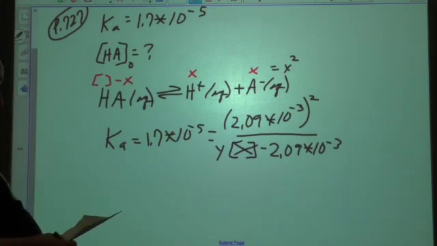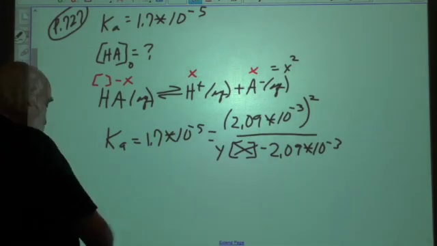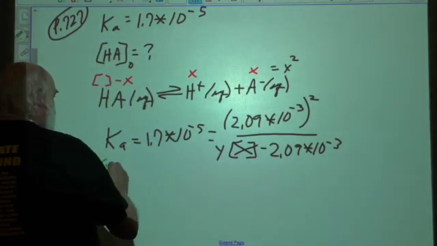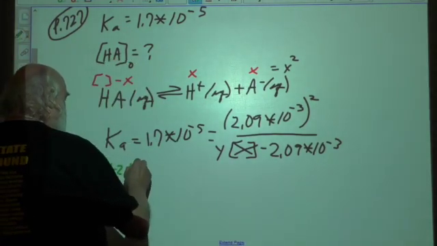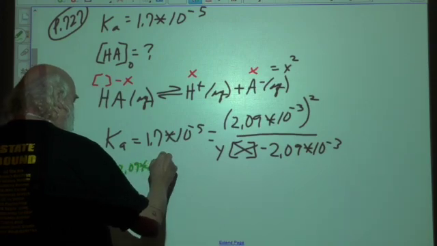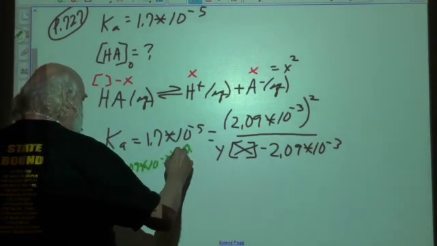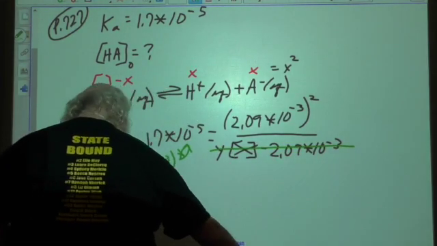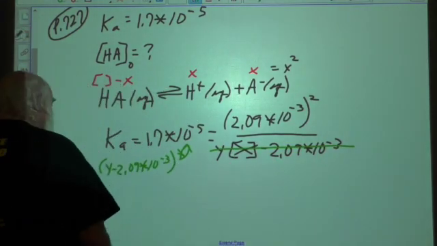So, I'm going to multiply this side over here by Y minus 2.09 times 10 to the negative third. And that's going to eliminate that over there. Okay.